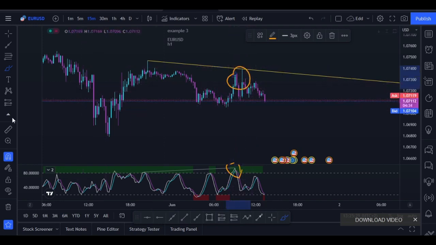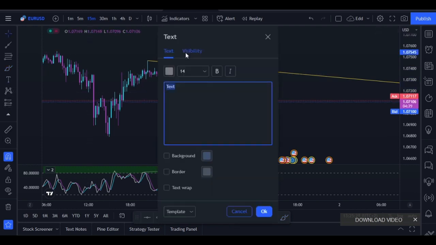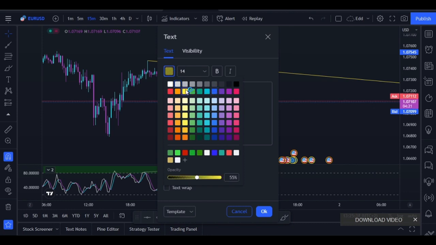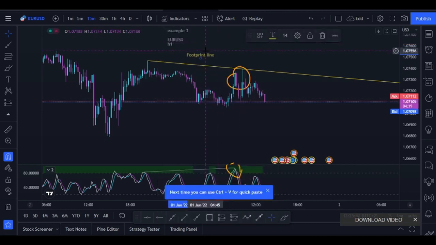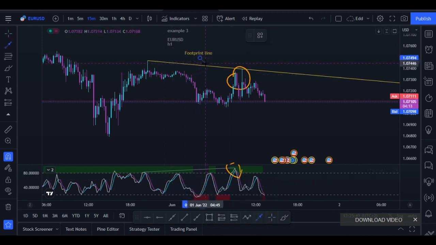And okay, let me just type this up. Footprint. Okay, here's the footprint line. Let's make this yellow. Okay, let's draw an arrow to that here.